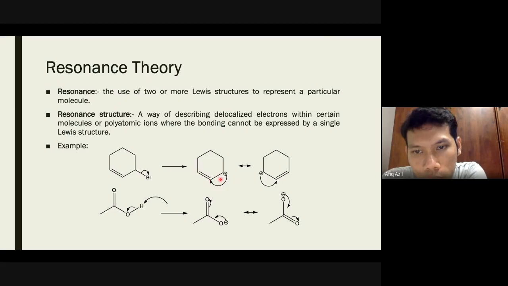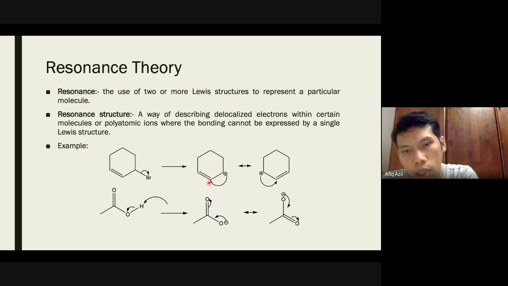So how does it affect the structure? Electrons from this double bond, from this carbon, will be shifted towards this C plus. Now the double bond is between this carbon and this carbon over here, and the positive sign is shifted from this position to this position.